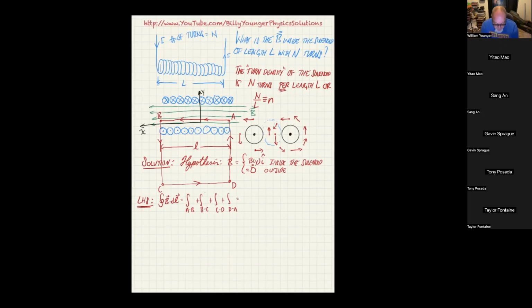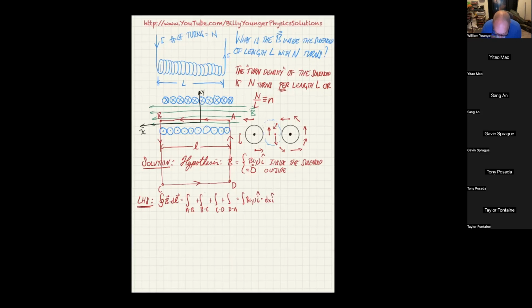Okay. So now I'm going to do the dl's on the fly. I think it'll make perfect sense when I actually do it. So I'm going to say B from A to B is going to be B of y i hat, and then the dl is going to be dx i hat.